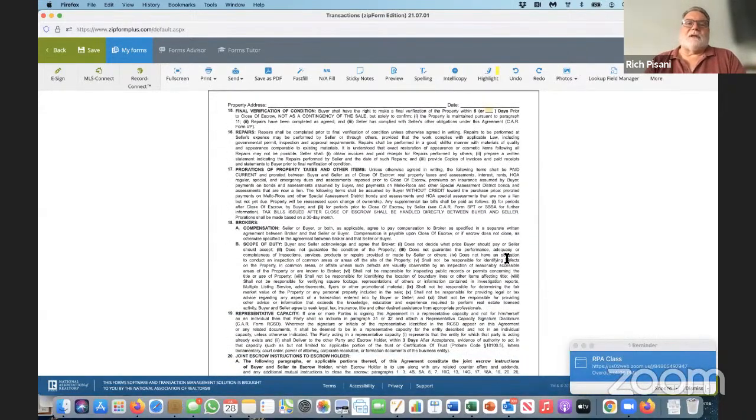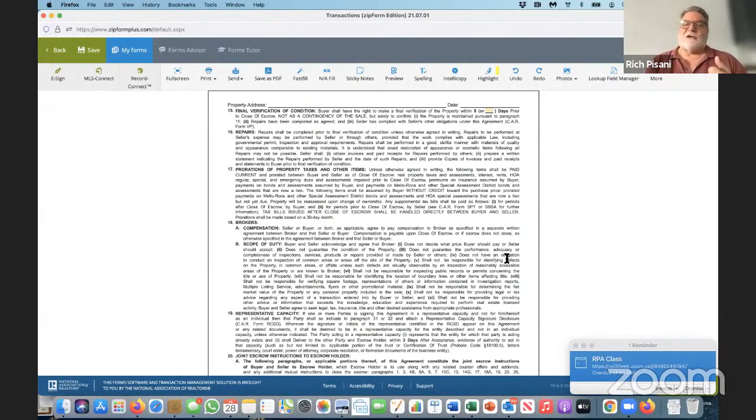Final verification of contingencies. I want to point out, in all caps, not as a contingency of the sale. The final walkthrough is not a contingency of the sale, but it is an important part of the process. And what is the purpose of the final verification of the property?